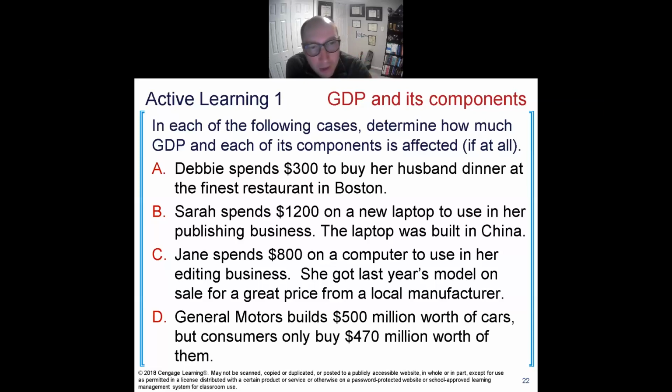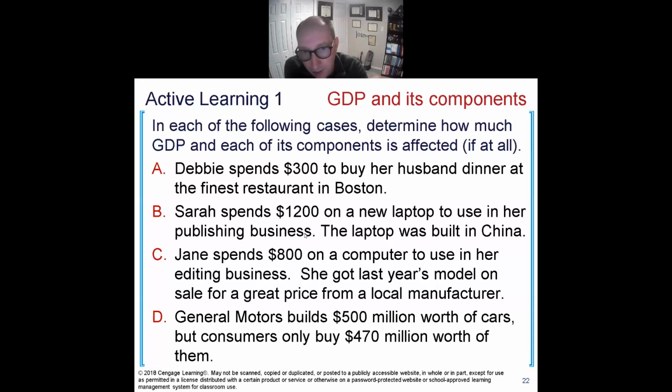So let's take a look. Debbie spends $300 to buy her husband dinner at the finest restaurant in Boston. That's, of course, consumer spending, $300. Sarah spends $1,200 on a new laptop in a publishing business. The laptop was built in, of course, China.